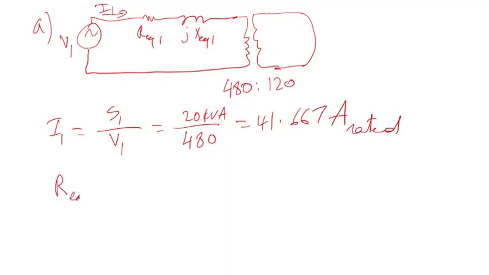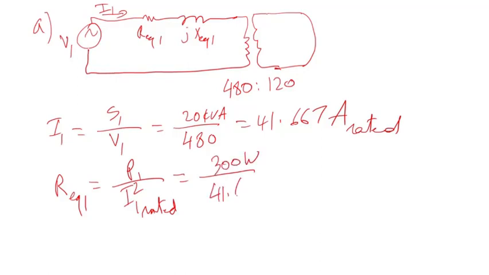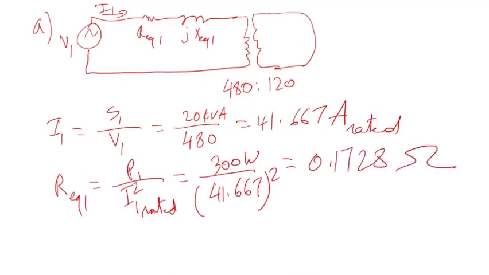So the equivalent resistance referred to the winding one side is equal to P1, which was measured during the short circuit test, divided by I1 rated squared, because we circulated a rated current. That equals 300 watts divided by 41.667 squared, which comes to 0.1728 ohms.